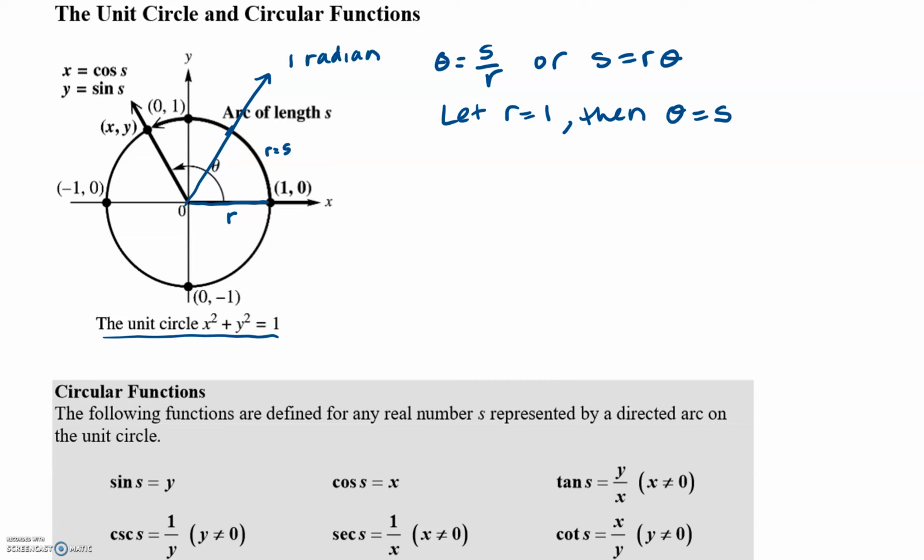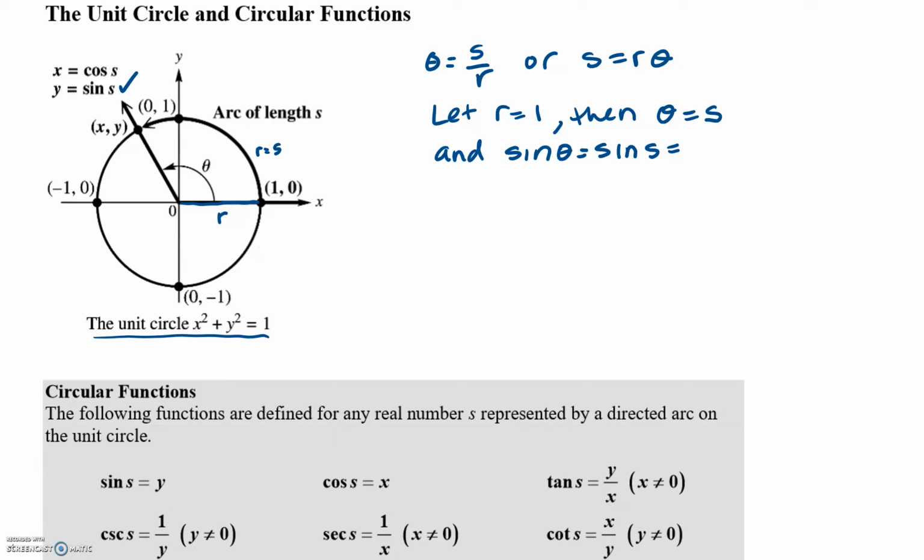So I have an arbitrary point. So let's erase the 1 radian here and look at theta being this point right here. We know that the radius is 1. And sine of theta is now going to be sine of s, since theta equals s. And we know the definition of sine is y over r, but since the r is 1, it is just going to be y, which is where we get this definition right there.